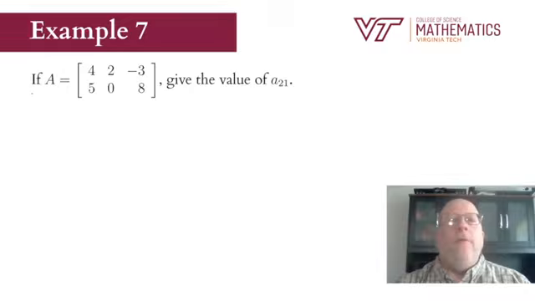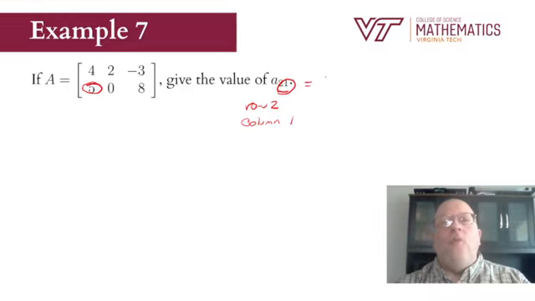So in this example, if I want the value of A21, this notation here means row 2 and column 1. So that's going to be this entry right here. A21 is equal to 5.